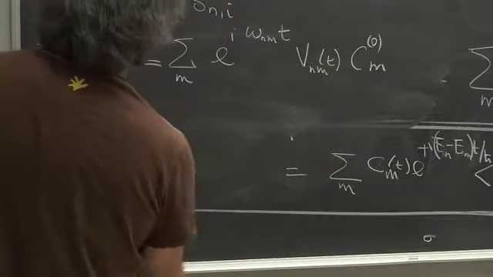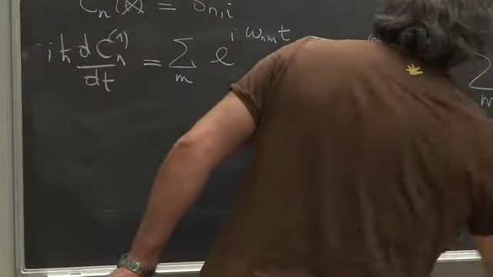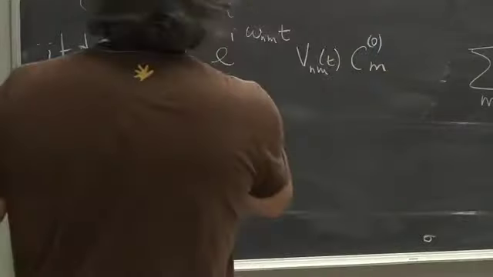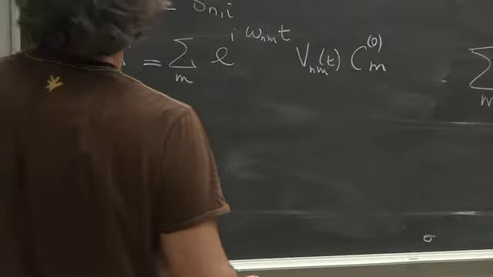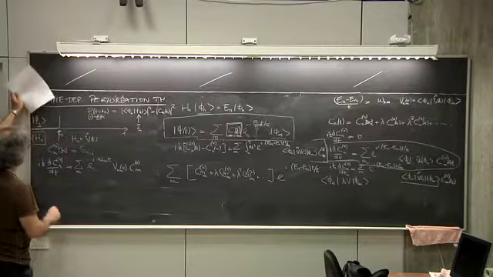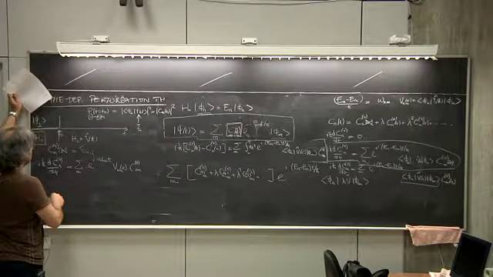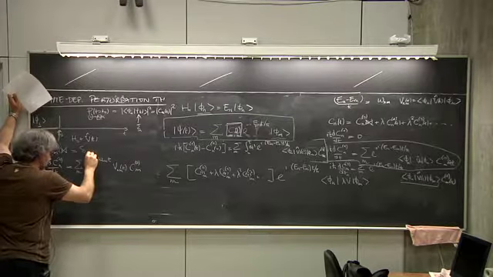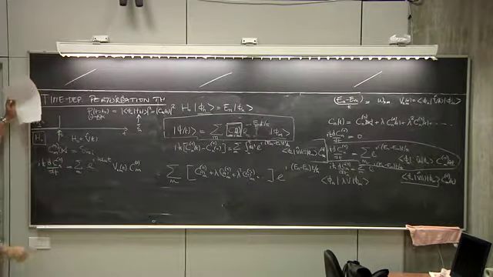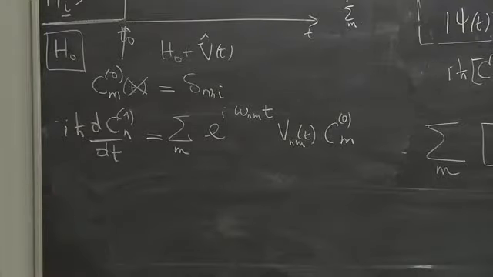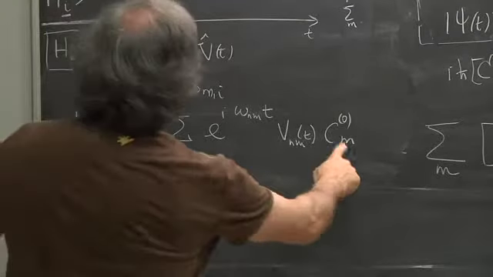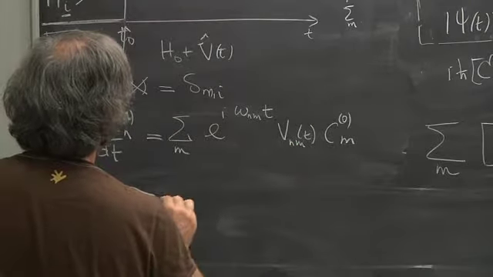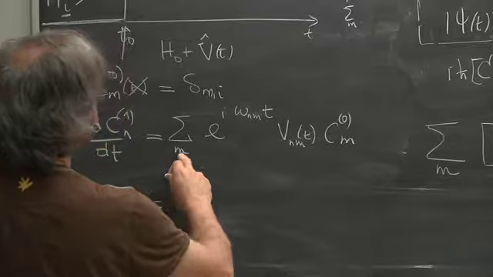And since I know that C0 is now a single delta, C0 of m is equal to delta of m i. I stands for initial state. So I substitute this delta here, and what I get is that this is equal to the sum, but the sum really disappears.